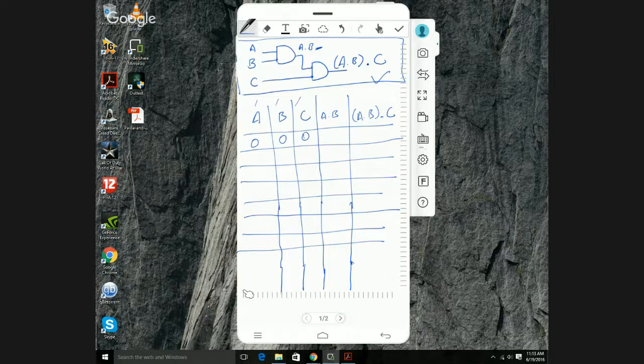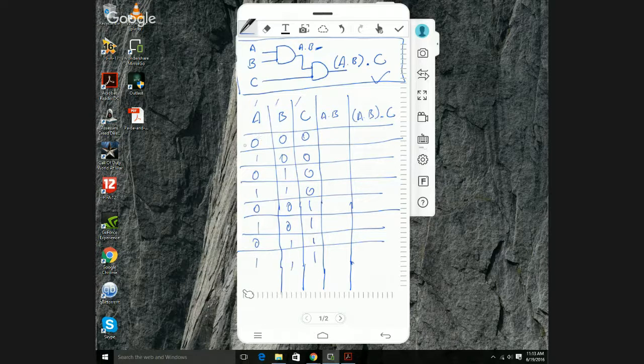Now, the quick method of writing down those combinations is like this: 0, 1, 0, 1, 0, 1, 0, 1, and then 0, 0, 1, 1, 0, 0, 1, 1, and then four zeros and 1, 1, 1, 1.